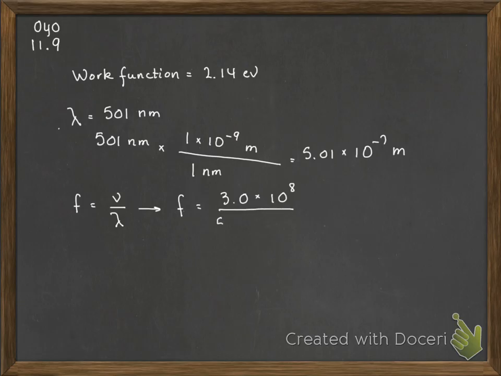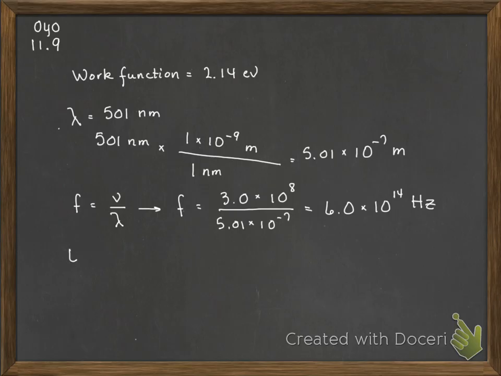Now we're going to plug in our wavelength and come up with our frequency. Doing that, we have 2 significant digits in the top, 3 in the bottom. So we round to 2 and get that the frequency is 6.0 times 10 to the 14th hertz.